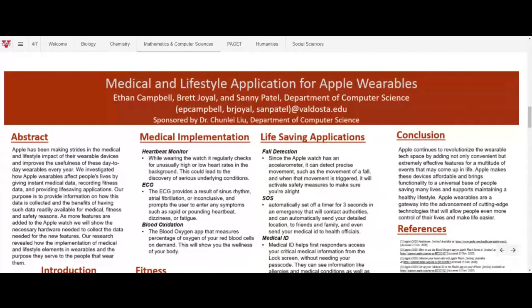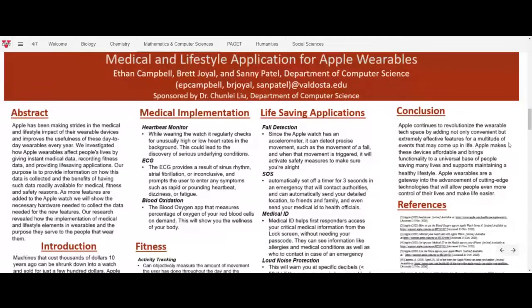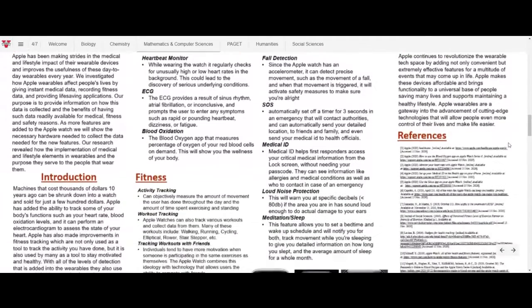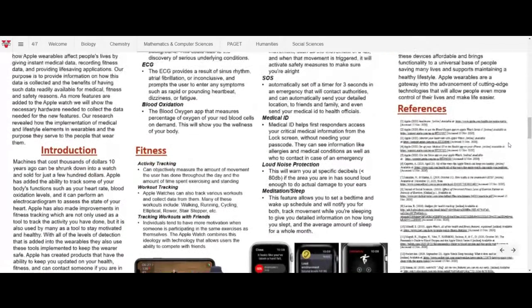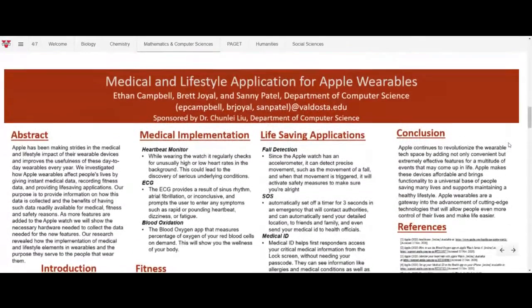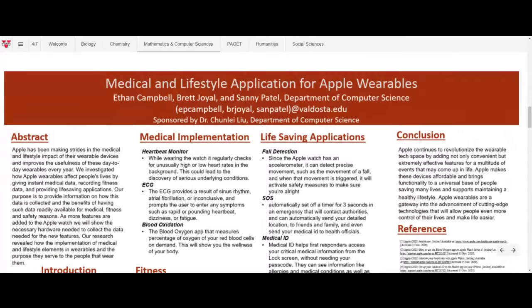Our presentation was about how Apple has been making huge impacts on medical and lifestyle applications for the users. They bring a lot of devices that would cost thousands of dollars to go to the doctor for, and you can do it on a device on your wrist for like $200.